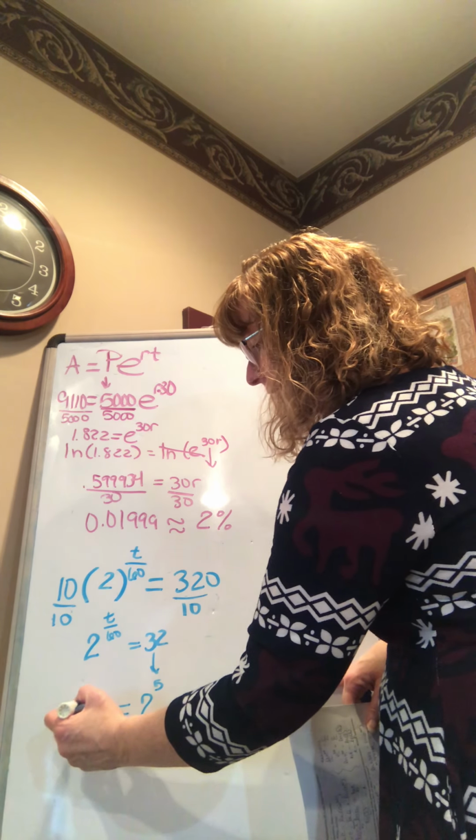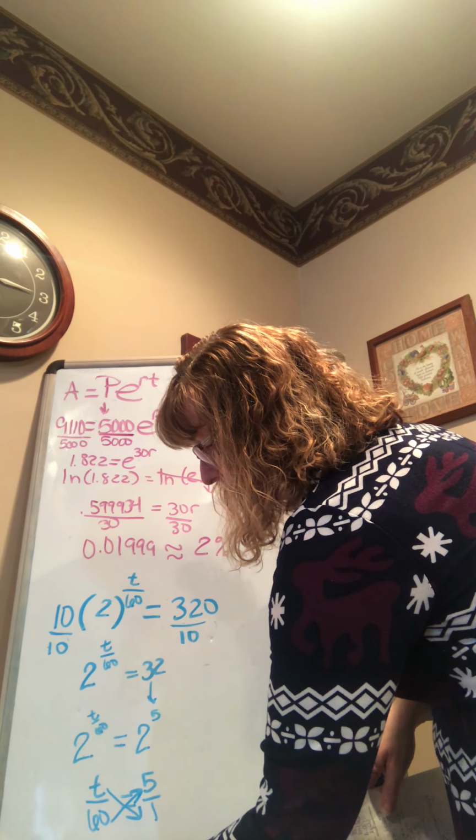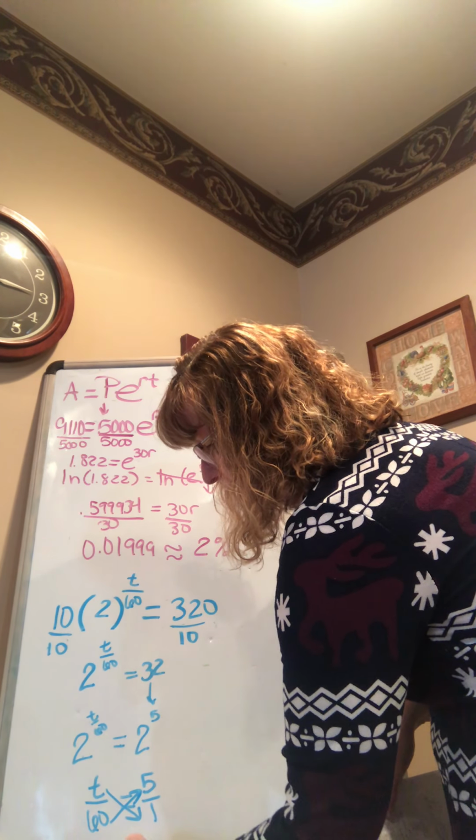And if this side is 2 to the t over 60, then you can have t over 60 is equal to 5 over 1, because if everything's equal and the bases are equal, the exponents are equal. And then you can use cross product and find that the time is 300 days.